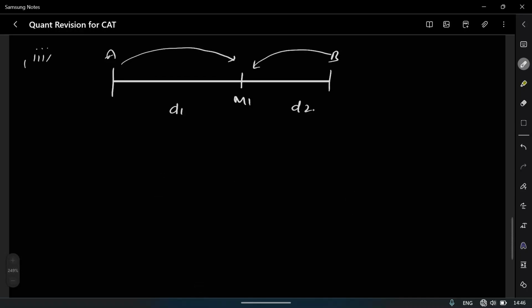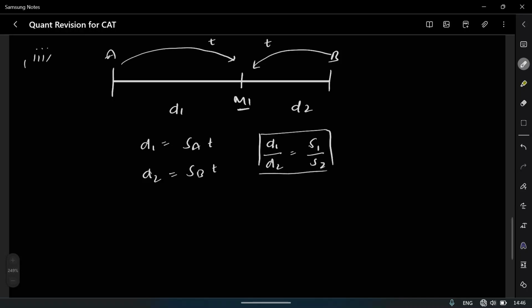Let this distance be D1, this distance be D2. Since both are going to meet at M1, the time taken by both A and B to reach M1 is T. So D1 equals SA into T. D2 equals SB into T. D1 by D2 equals SA by SB. And from M1, A reaches B in TA seconds, and B reaches A in TB seconds.